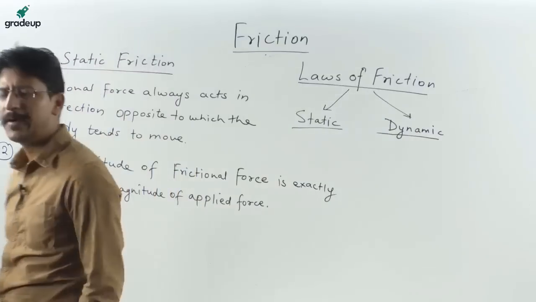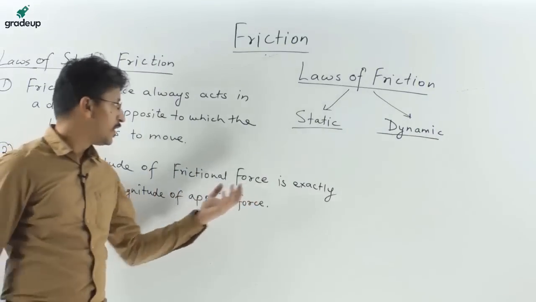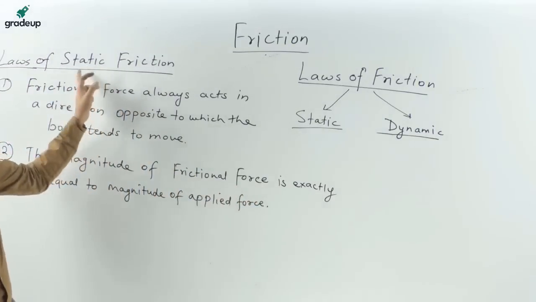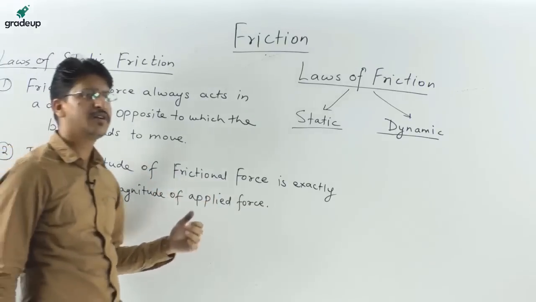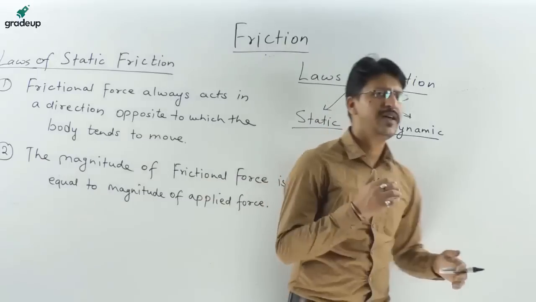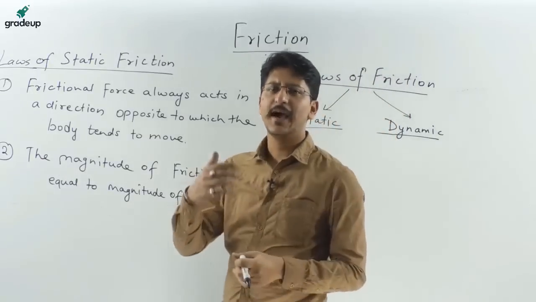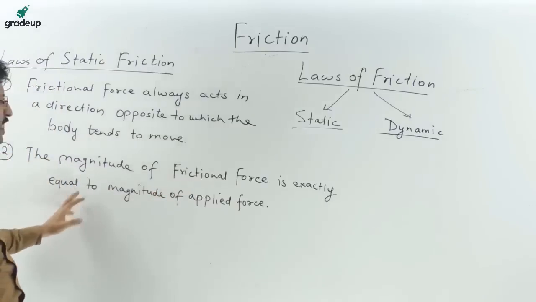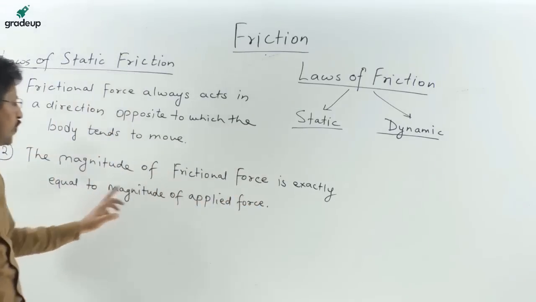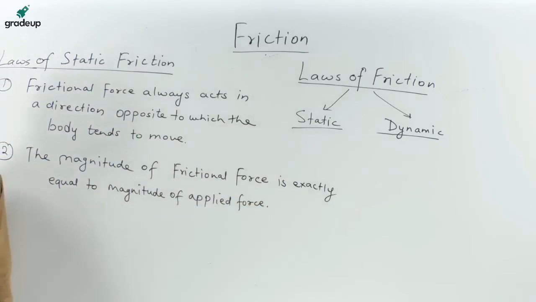This is because in the static zone the frictional force value is less than the limiting friction. So as we start increasing the applied load, the frictional force also increases and its magnitude is exactly equal to that of the applied force.